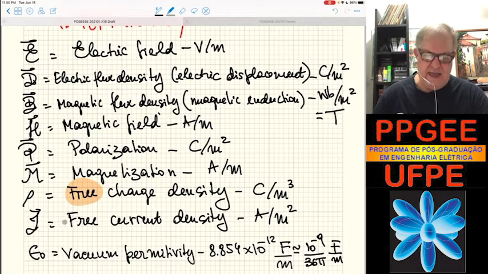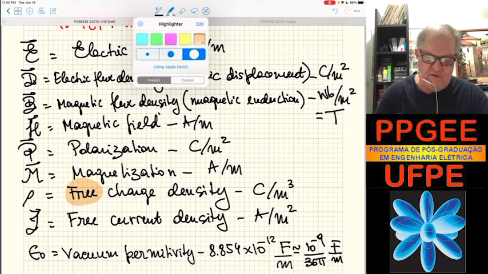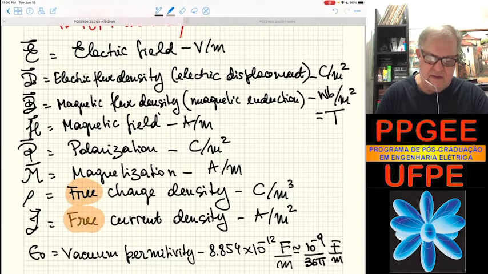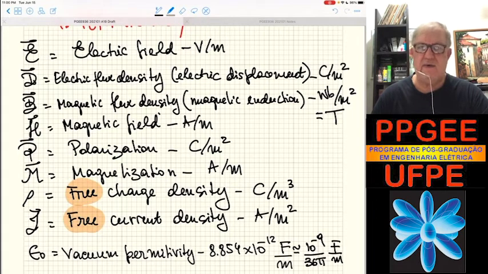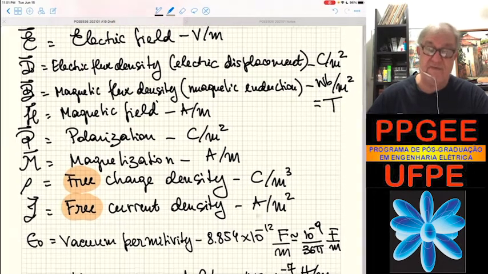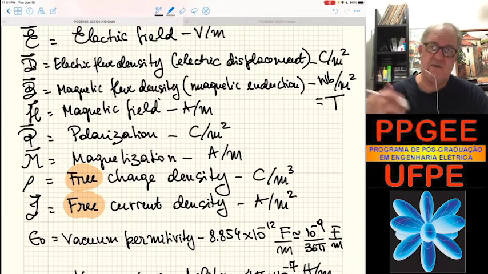And also J, again, is the free current density. We're talking about free carriers moving in a circuit. That's the type of current we're talking about. So the free charge density is coulomb per cubic meter, and the free current density is amps per square meter. It's a flux type vector. That's why it's per unit area here.